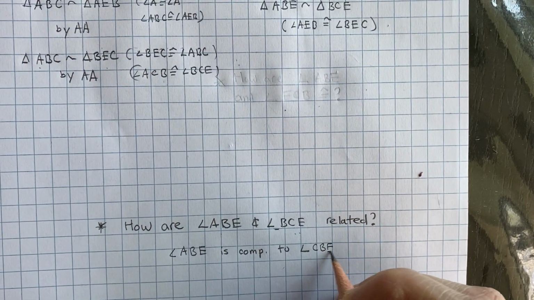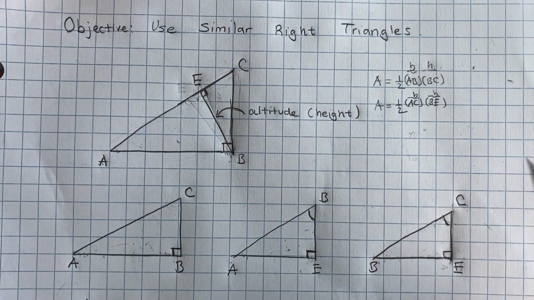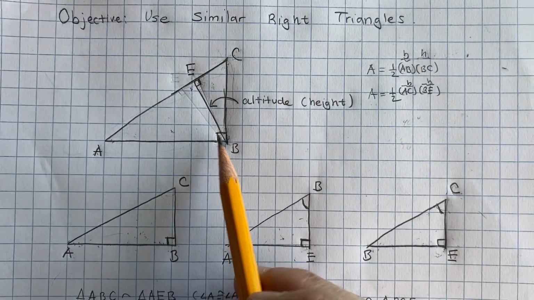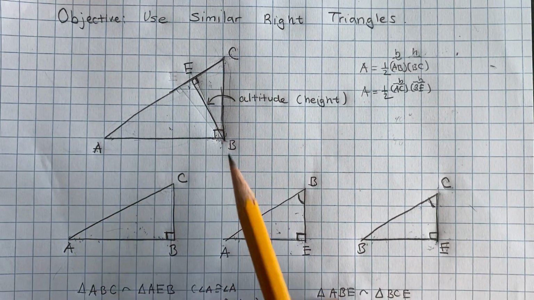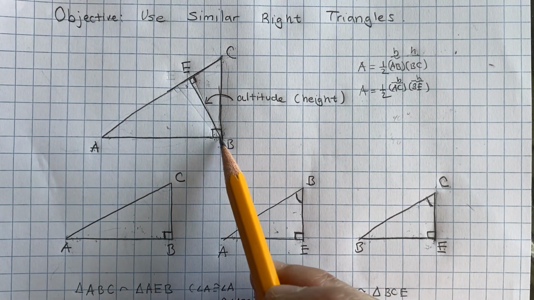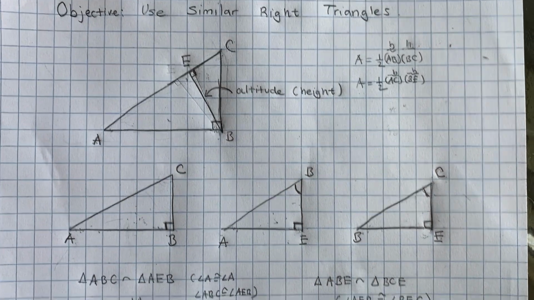Again, if you're not sure what complementary is, it just means they add up to 90 degrees. Angles ABE and CBE are complementary. These two angles add up to 90. Why? Because there's a 90-degree angle marked there, and that's the definition of complementary, okay?